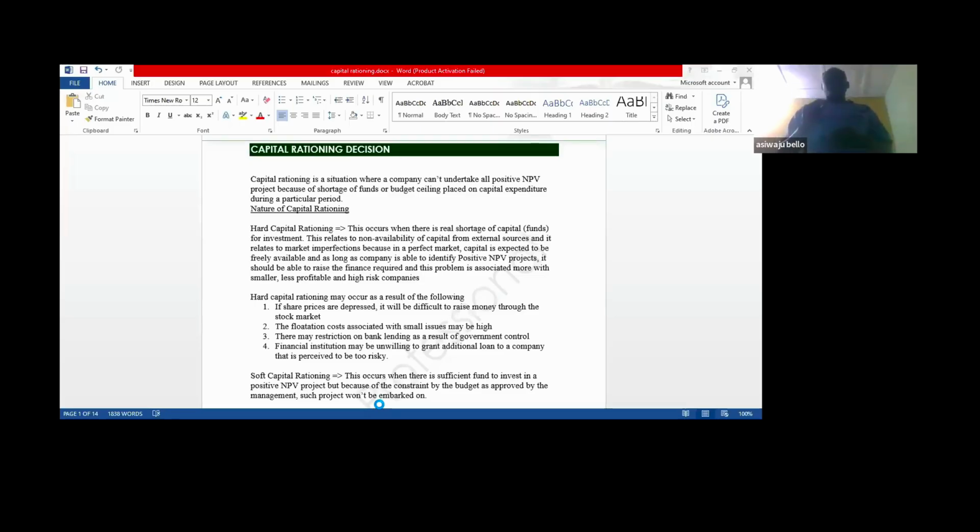And as long as a company can identify positive net present value projects, it should be able to obtain the finance required if the market is perfect.